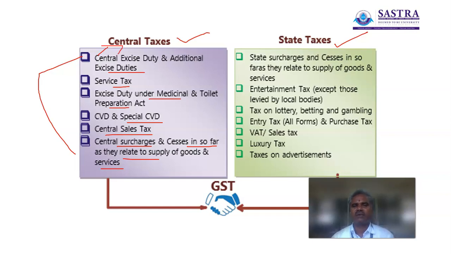Then for the state government: state surcharge and cess in so far as they relate to supply of goods or services, entertainment tax, tax on lottery, betting and gambling, entry tax, purchase tax, value added tax, sales tax, luxury tax, tax on advertisements. So we paid so many taxes instead of one tax. That's why we paid huge money for a product, for consumption of the product.